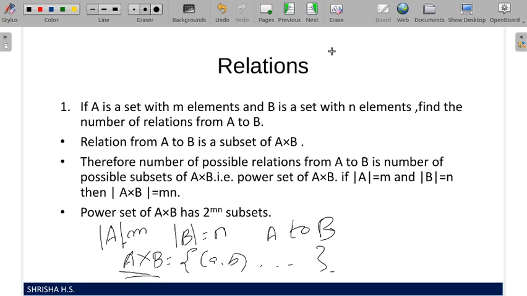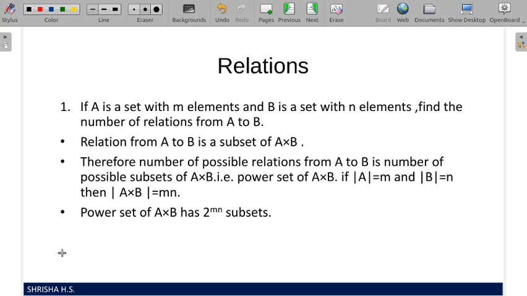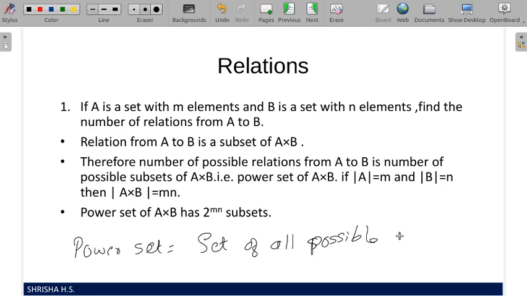There is one thing called the power set. What is a power set? A power set is a set of all possible subsets. The power set of a given set is the set of all possible subsets.